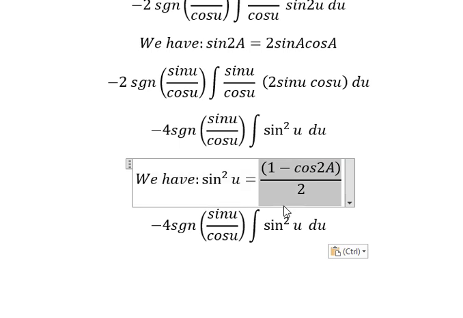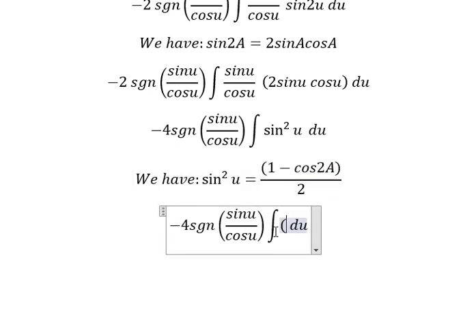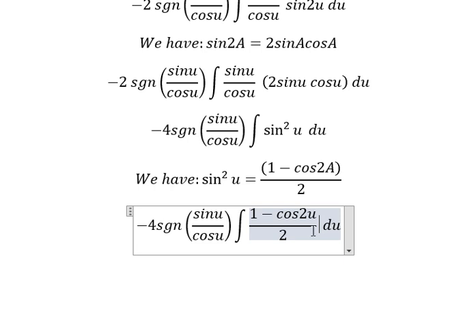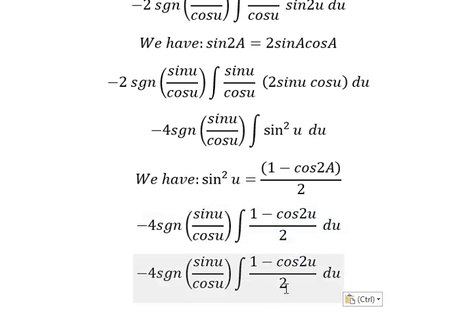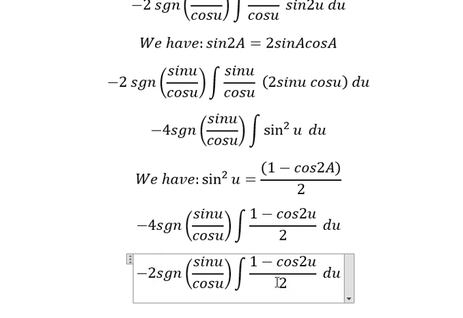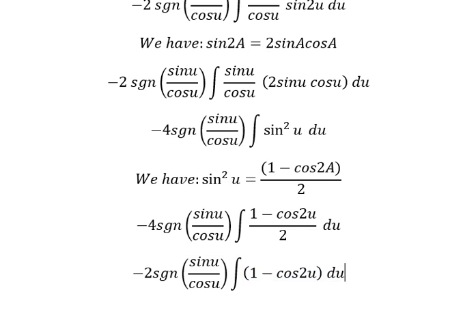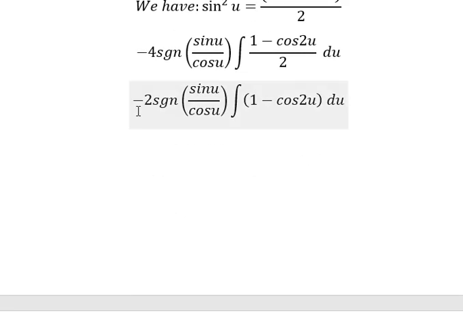So we put this one here. So negative 4 divided by 2, we have negative 2. And now we have the final answer.